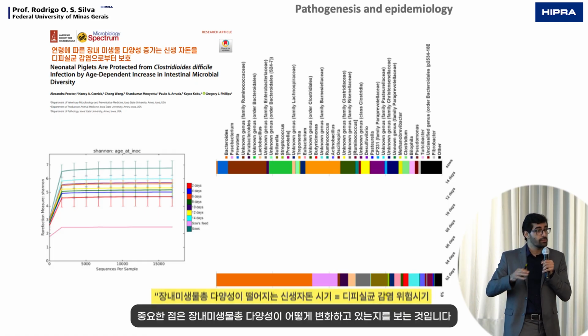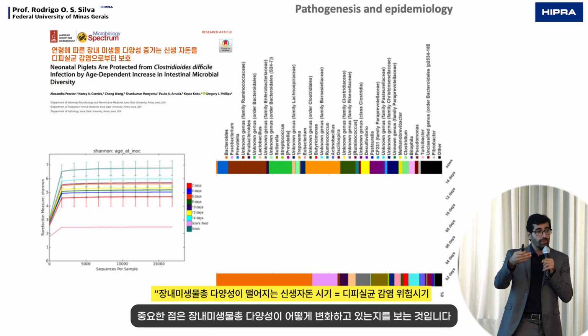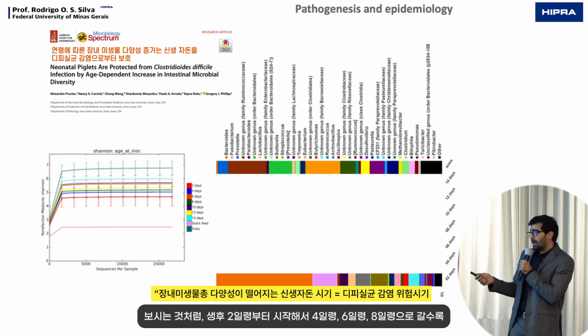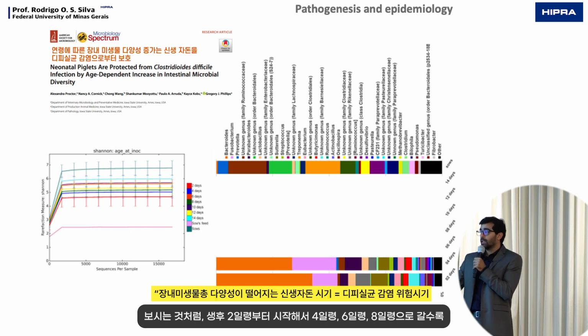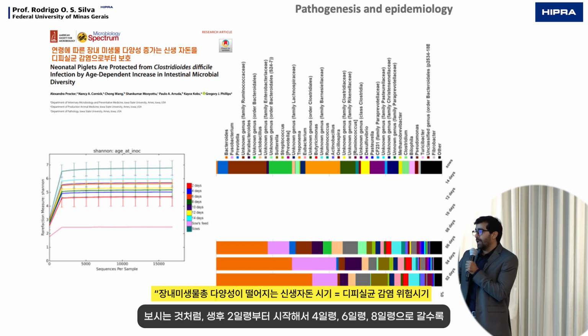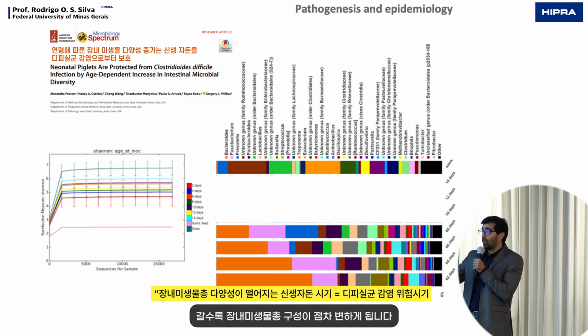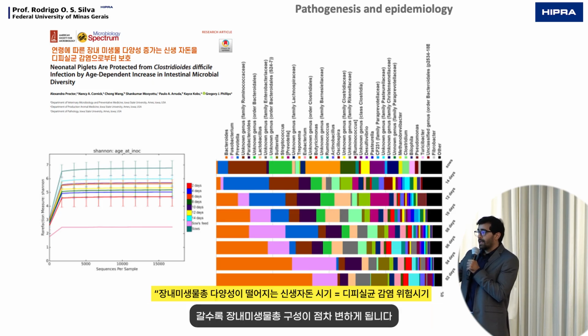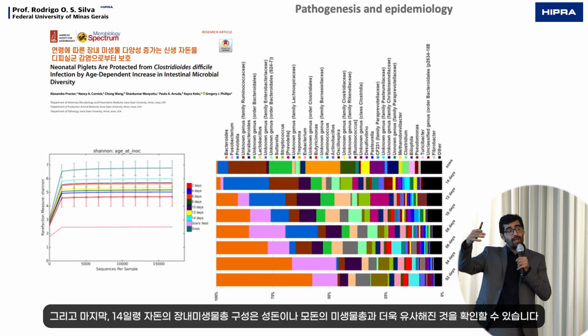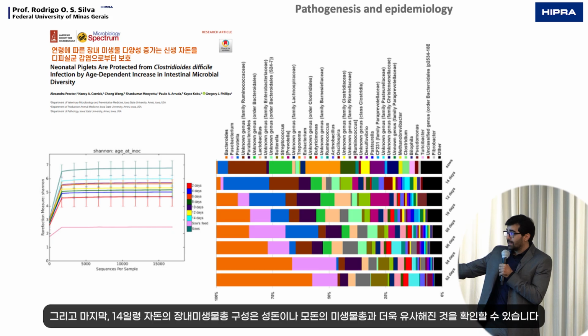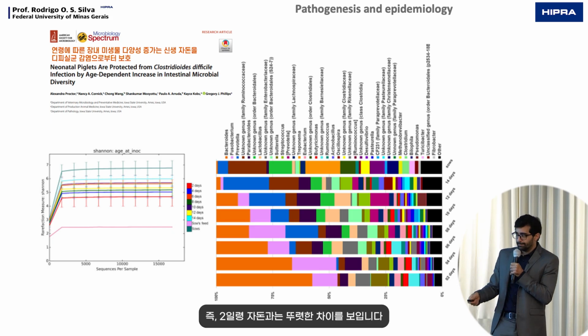The idea here is to see how the microbiota is evolving. As you can see, we have the microbiota of a 2-day-old piglet, then a 4-day-old, 6-day-old, 8-day-old piglet, and so on. In the end, you can see that the microbiota of a 14-day-old piglet is more similar to the microbiota of an adult animal, of a sow, than the microbiota of a 2-day-old piglet.